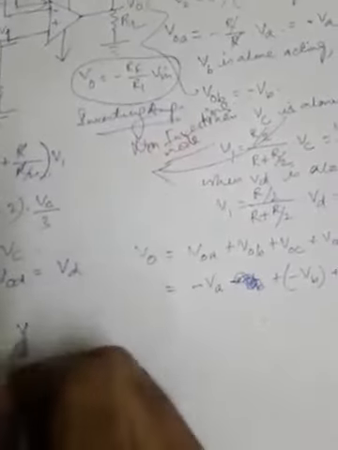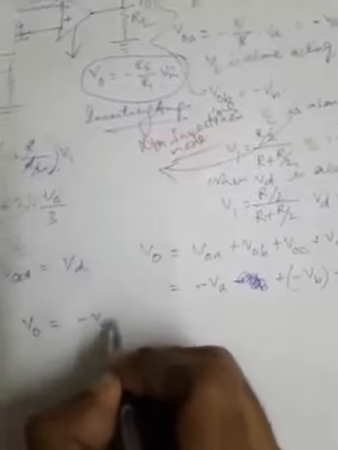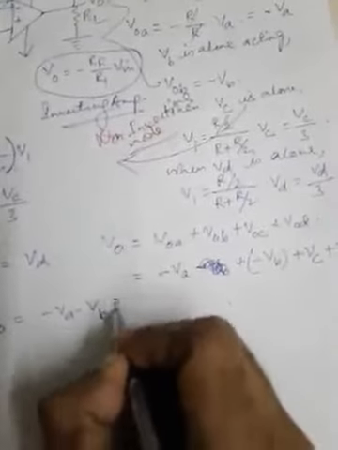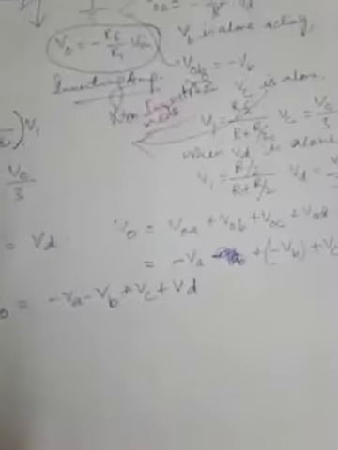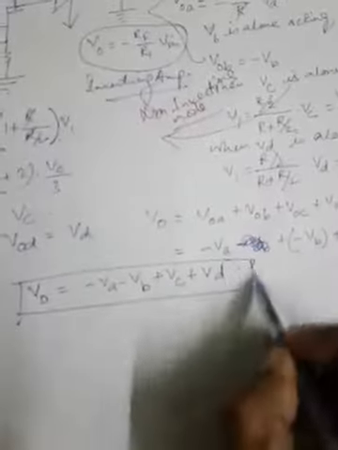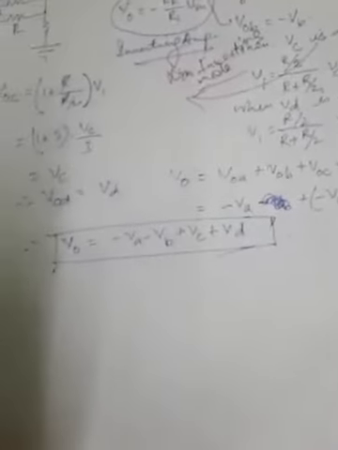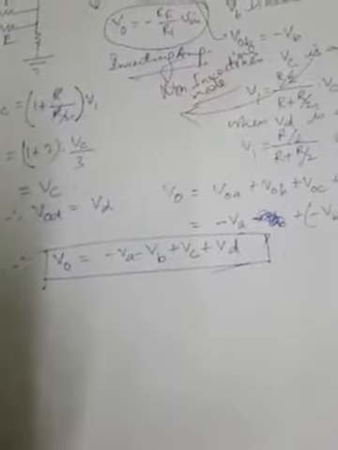Therefore VO is minus VA minus VB plus VC plus VD. So if we analyze this expression, the output voltage is seen to be equal to the sum of the input voltages applied to the non-inverting terminal plus the negative sum of the input voltages applied to the inverting terminal.